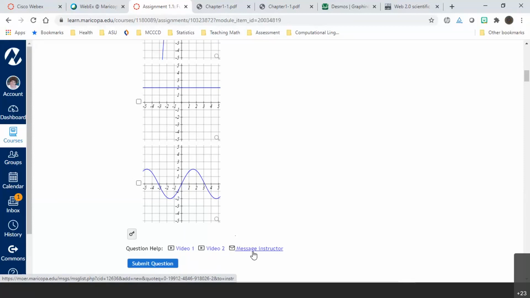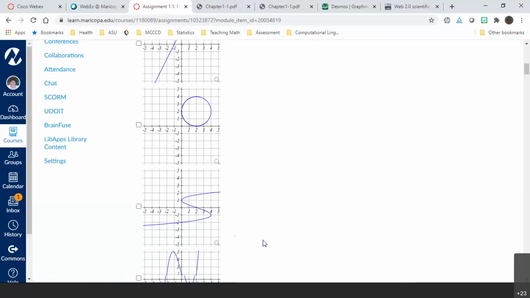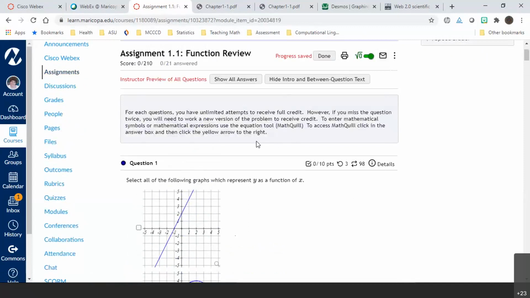If you're still confused, we can set up a WebEx session to go over it, and we can screen share just like this. So again, there's that file I showed you earlier, how to answer WebEx, how to answer more questions. So please don't hesitate.